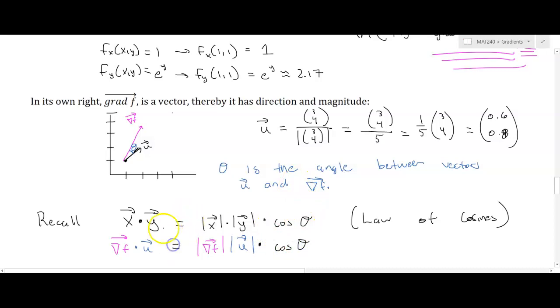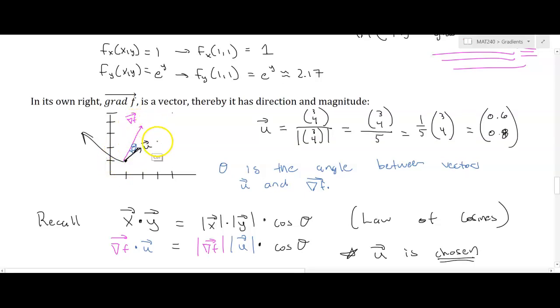Now, the cool part here is that I get to choose which direction I travel in. So an important thing to note here is u is chosen. You get to pick whether you walk that way, or that way, or that way, or that way. You can pick whichever direction you want to go in to represent your u vector, again, after it's unitized.